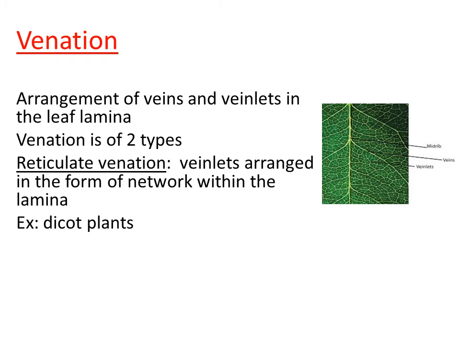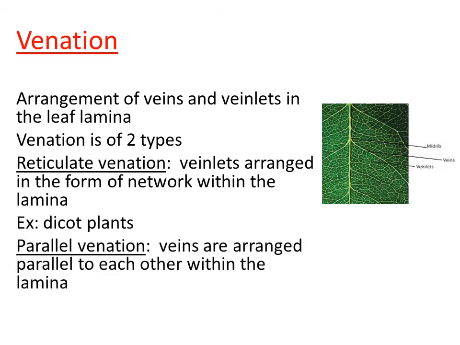And from the veins, veinlets arise. How are the veinlets arranged here? They are arranged in the form of a network, right? The veinlets are connected with each other and form a huge network in the leaf lamina. When the veinlets form the network in the lamina, such a venation is called reticulate venation.